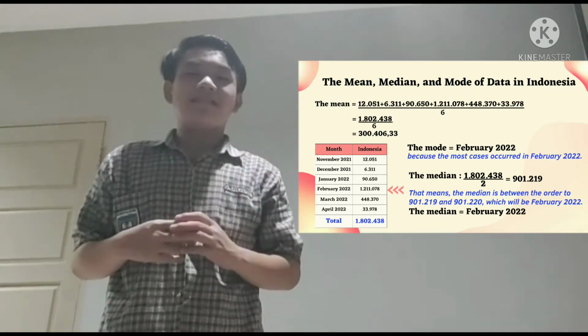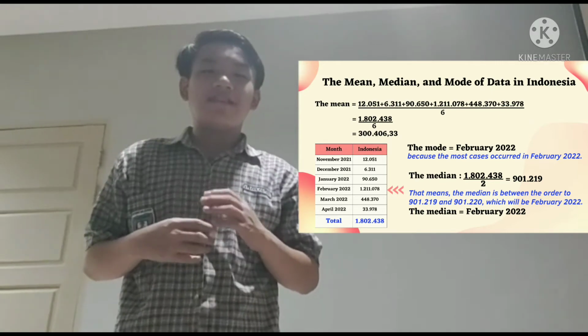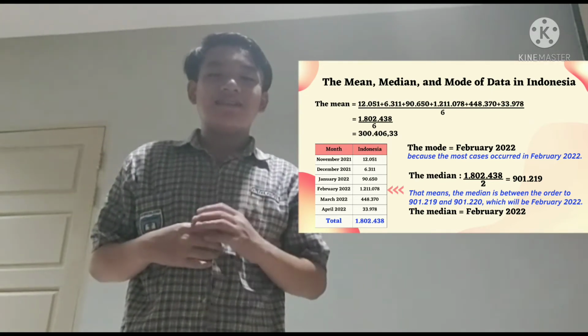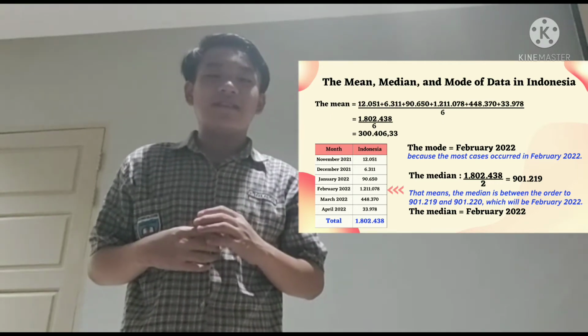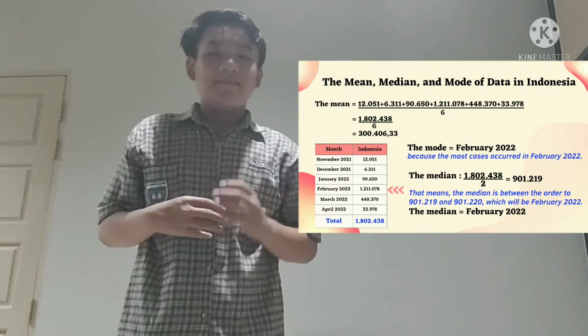For the mode of data A, we just have to look at which data has the most cases. Based on the table, the most cases occurred in February 2022, which means the mode for data A is February 2022. Lastly, the median.